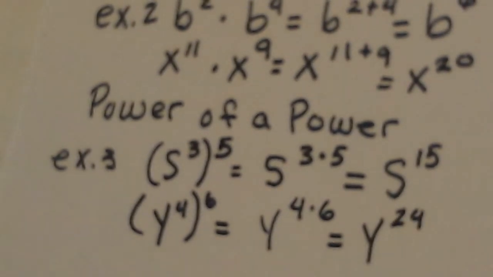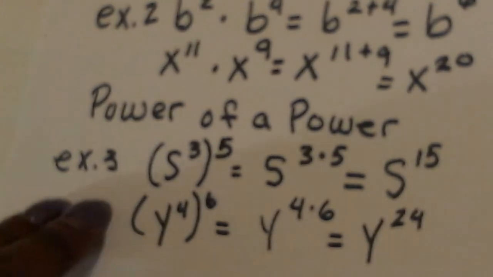The next thing I want to do is called the power of a product. Product is because you're going to be multiplying, or multiplication is implied, and then we're going to raise them all to a power.